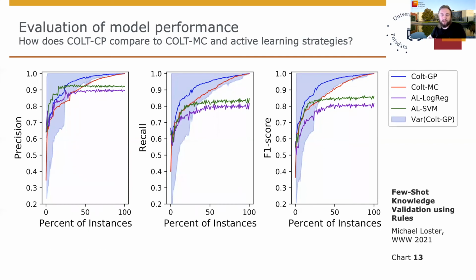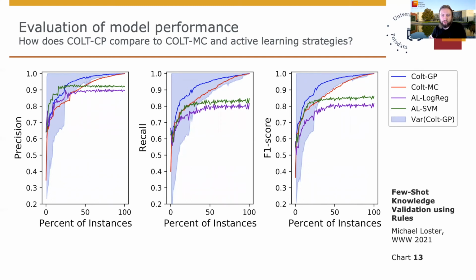Next, we examine how COLD-GP compares to our COLD-MC approach and two active learning baselines. To this end, we trained COLD-GP and all competing approaches on an increasing amount of training data, resulting in three performance graphs reporting on precision, recall, and F-measure of each approach.